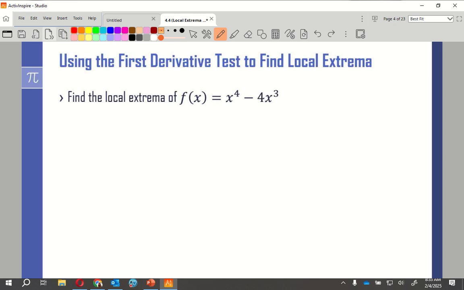So, we have f prime of x is going to be equal to 4x cubed minus 12x squared.